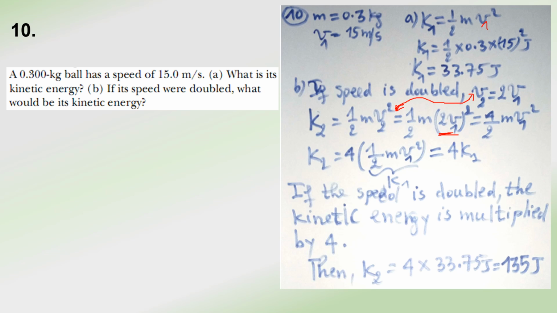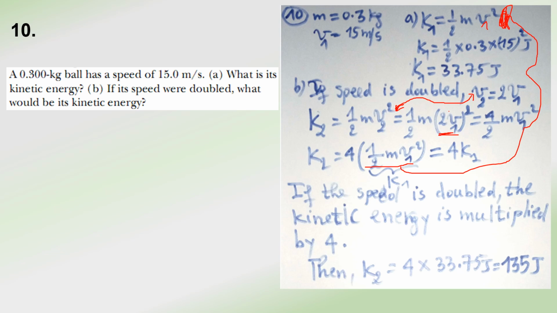Then the square of 2 gives 4. Then 4 times 1 over 2 m v1 squared, where we know that this product 1 over 2 m v1 squared is equal to the first kinetic energy.